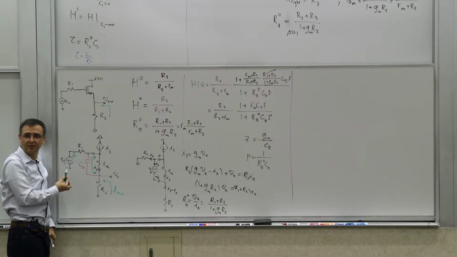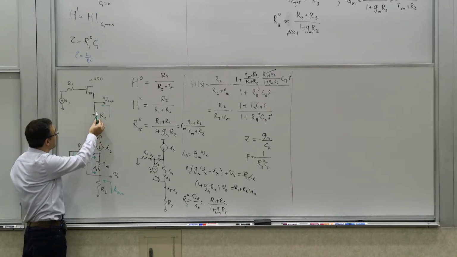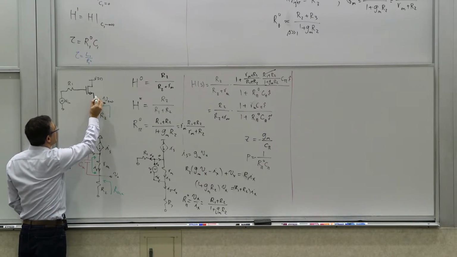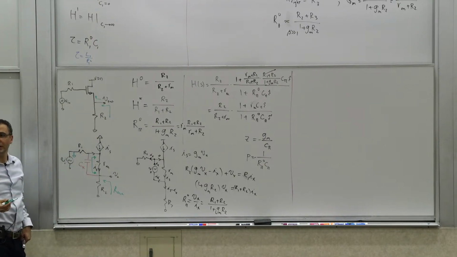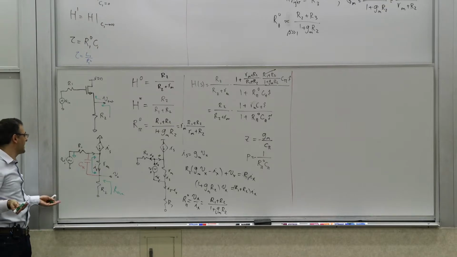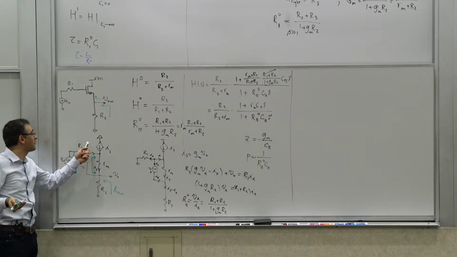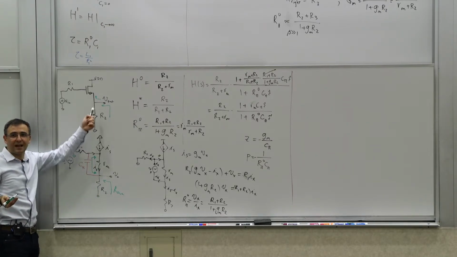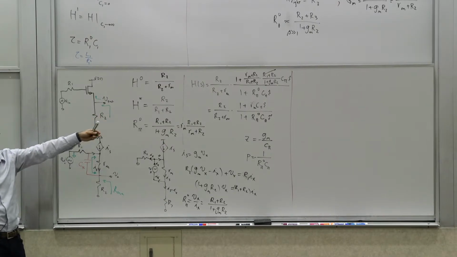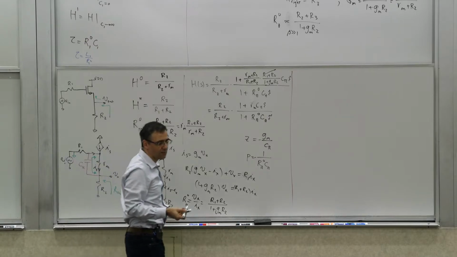When you look up through the source, what is this impedance that you see here? You can always make your life easier. You can say, I know it's going to be R2 in parallel with whatever this is, so let's calculate that first, and then the total output resistance is the parallel combination of those two.